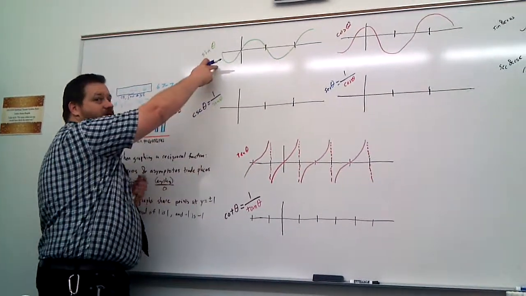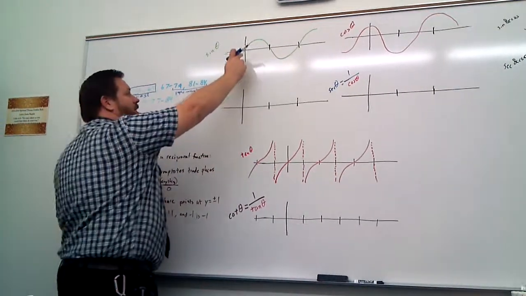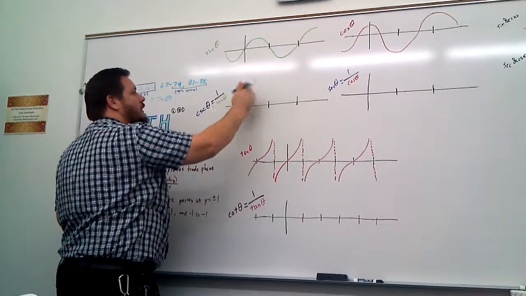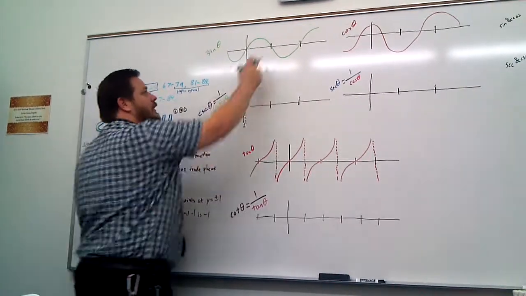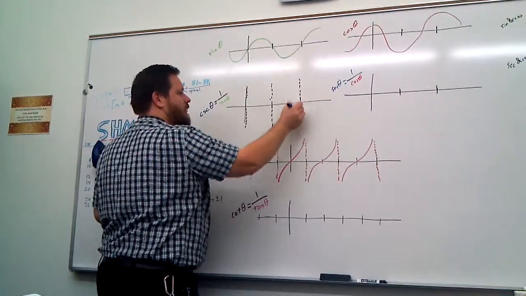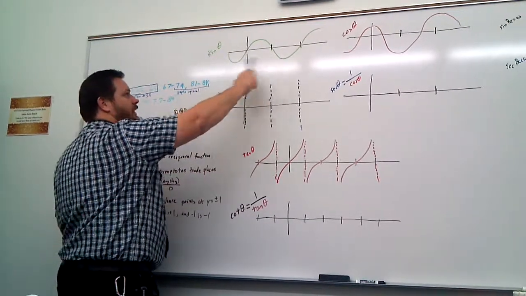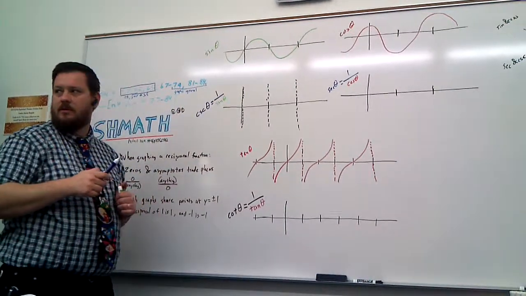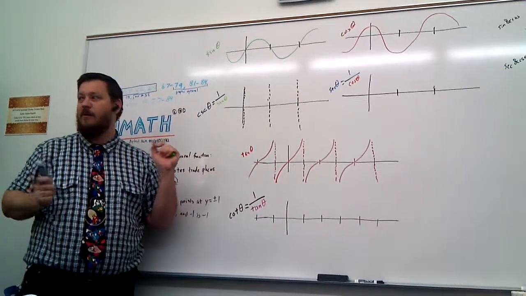Here's the sine function. If we want to graph the cosecant, which is the reciprocal of sine, wherever sine has a 0, cosecant is going to have an asymptote. 0, asymptote. Are there any asymptotes here? No. So is cosecant going to have a 0 at all anywhere?